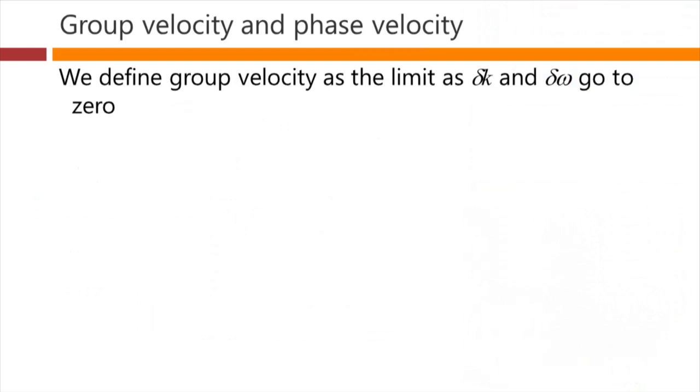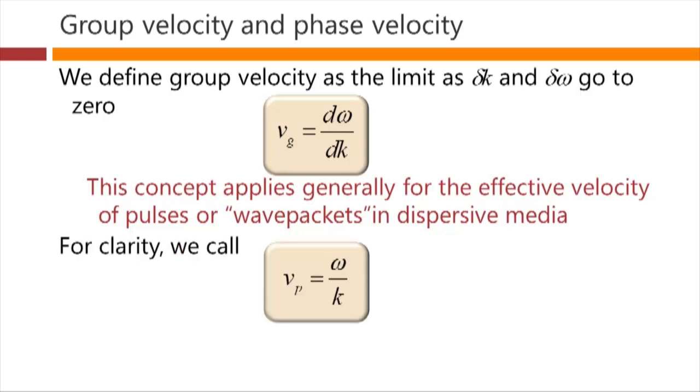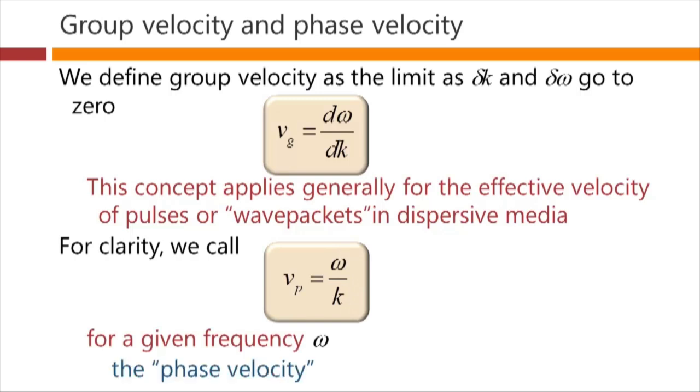We define group velocity more precisely as the limit of this as delta k and delta omega go to 0. So we call the group velocity d omega by dk. And this concept applies rather generally for the effective velocity of pulses or wave packets in dispersive media. For clarity, we're going to call the ratio of omega and k the phase velocity at a given frequency.